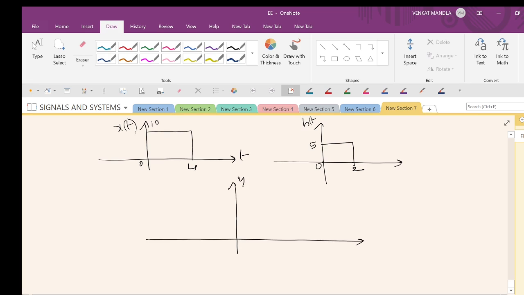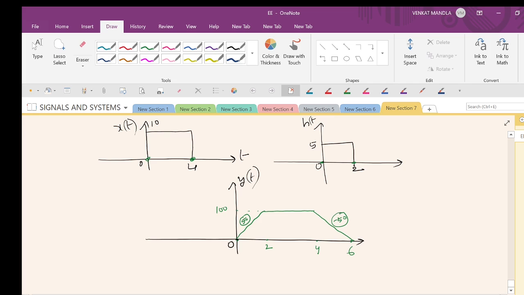Then I got y of t as follows. The lower limits are 0 and 0, so 0 plus 0 is 0. The upper limits are 4 and 2, and 4 plus 2 is 6. Yes, this is the signal I got. The peak is 100. The slope is 50 on the rising side, and minus 50 on the falling side.